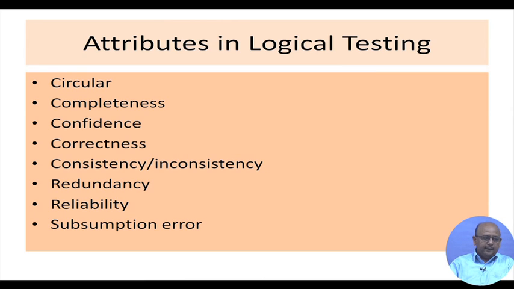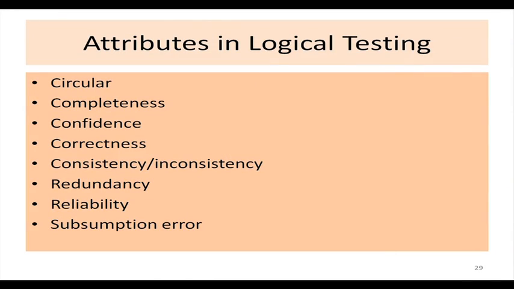Then correctness: how accurate the system is. The accuracy of the system depends upon the quality and quantity of data that you have put in. I am not talking about the quantity of data, but the quality of data. So, how do you ensure the quality of the information that you have put in? That is very important, and it is going to tell you whether the input put into the system is correct or not.